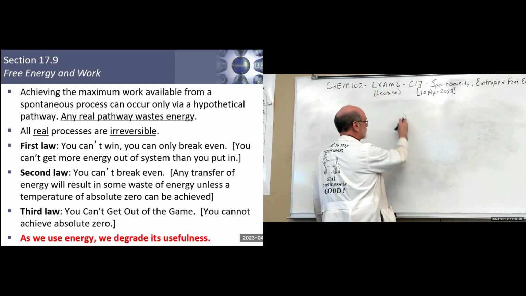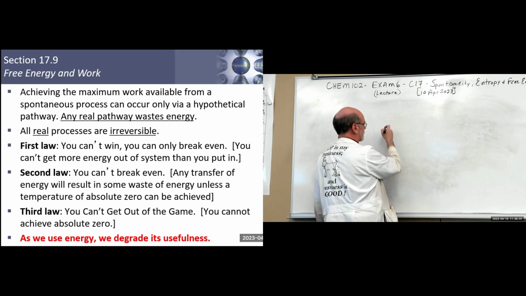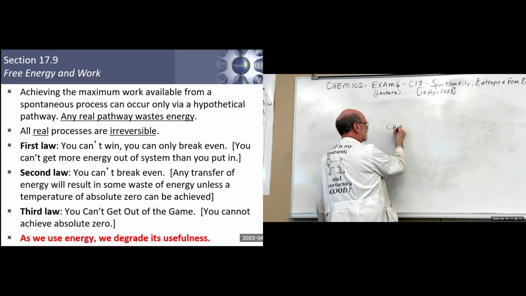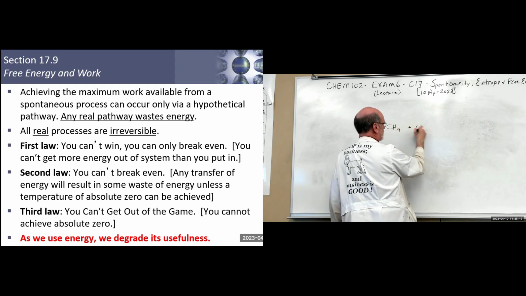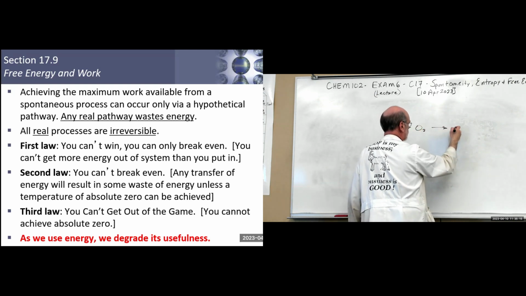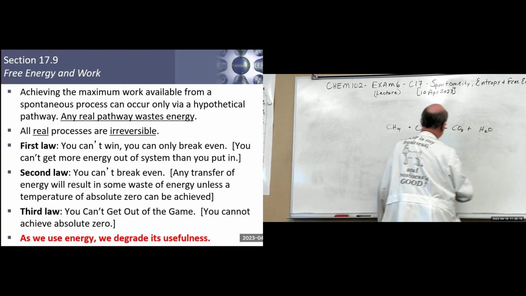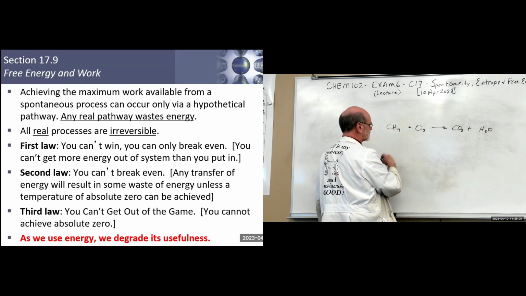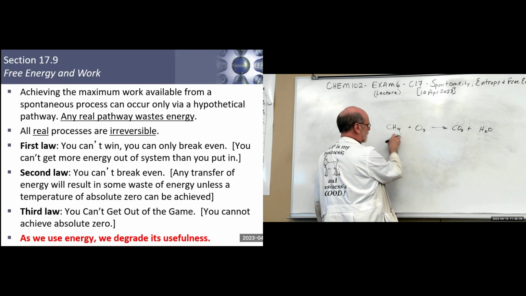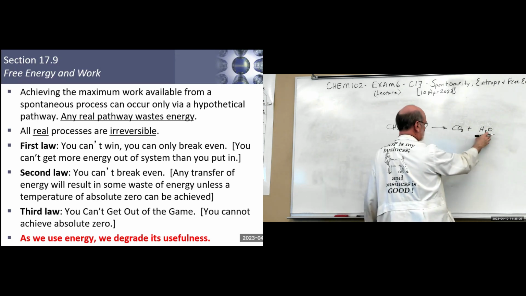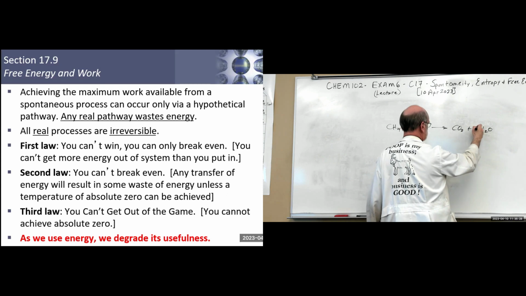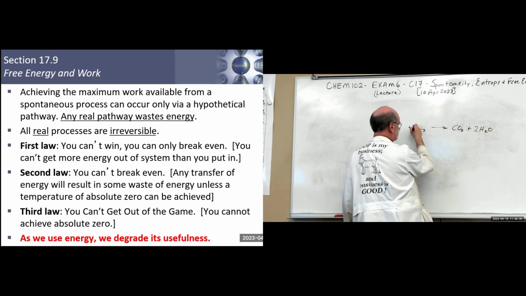So let's keep it simple. Say we have methane and we add oxygen to it and we're going to make carbon dioxide and water. Right, so that would be 1 carbon, 2 here, so that means 2 here.